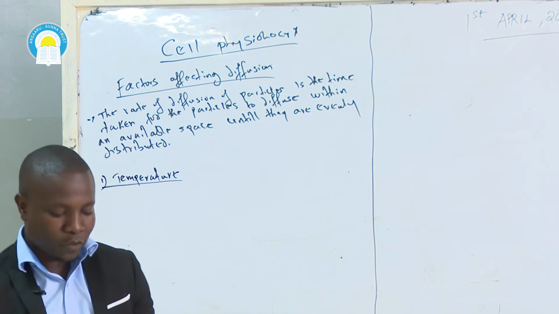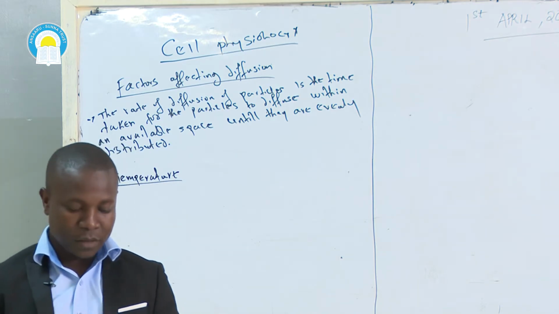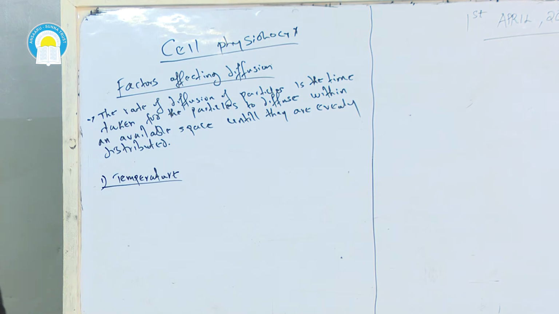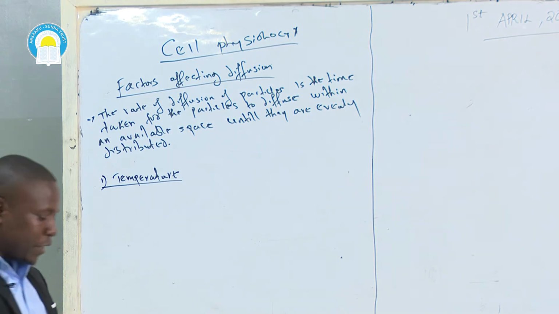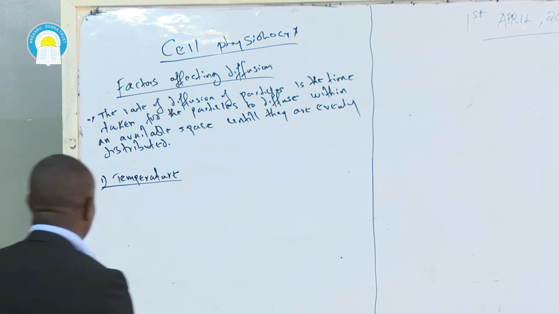Temperature, we know, is measured by a thermometer, and we have different types of thermometer. At low temperature, particles move slowly.